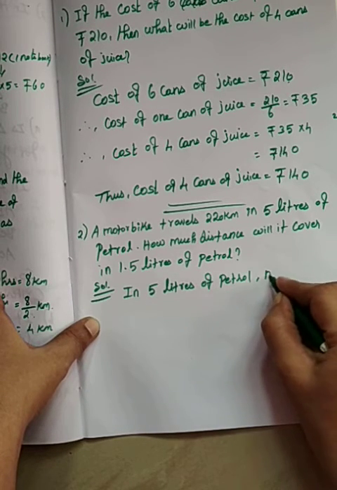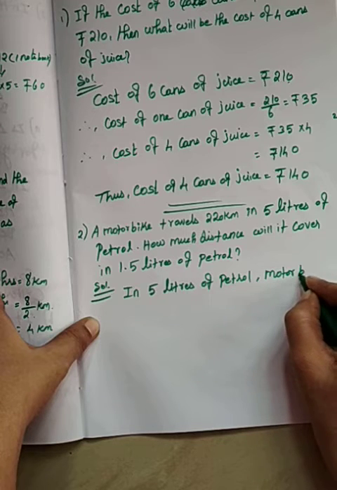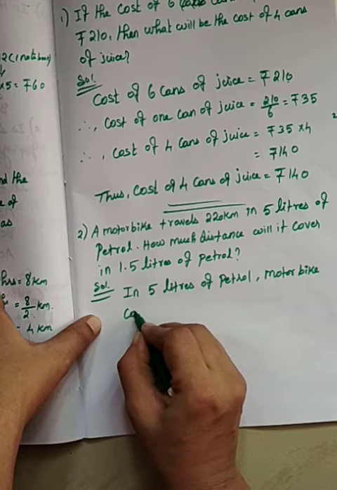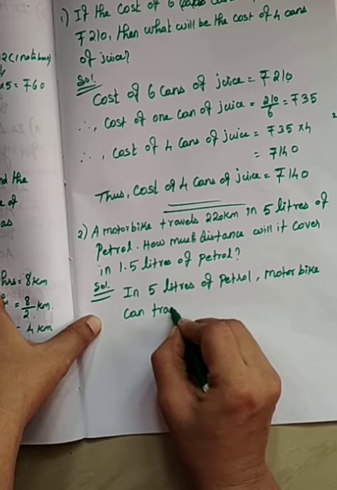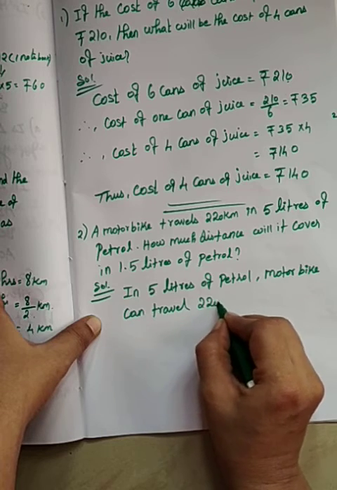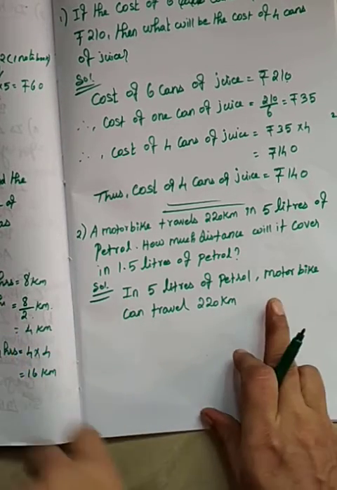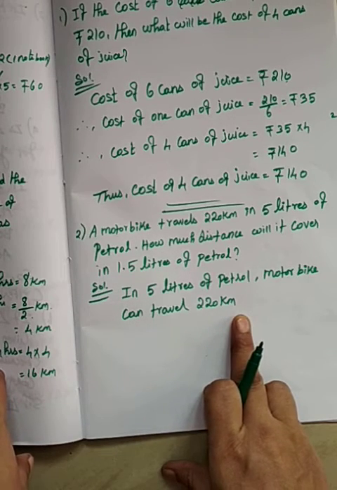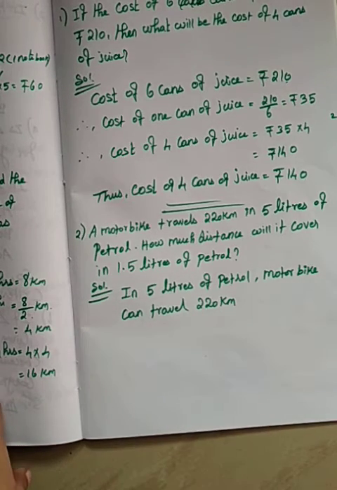motorbike can travel what is that? 220 kilometer, right? Motorbike travels 220 kilometer in 5 liter of petrol.